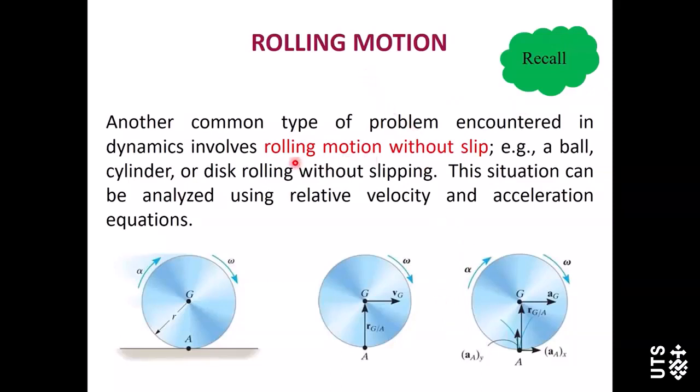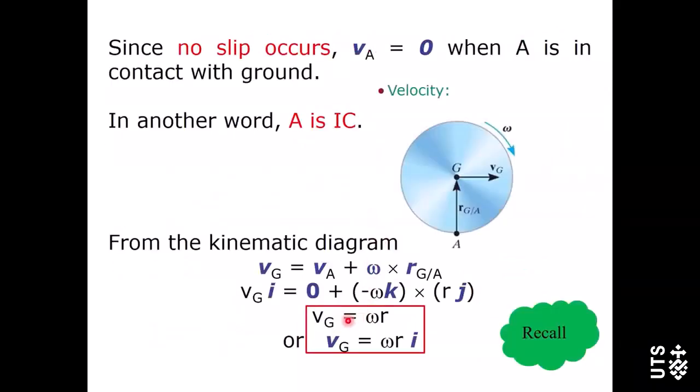Rolling motion, if rolling without slip: you know the velocity at the circle center point G can be expressed using omega and the radius of this disk or cylinder.